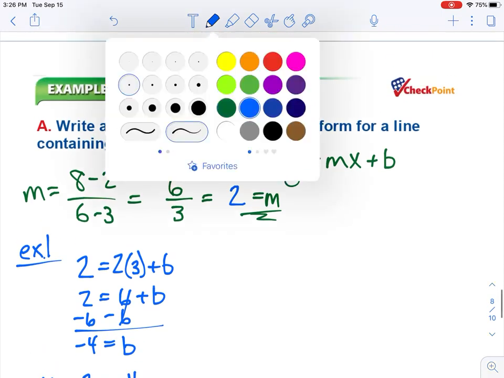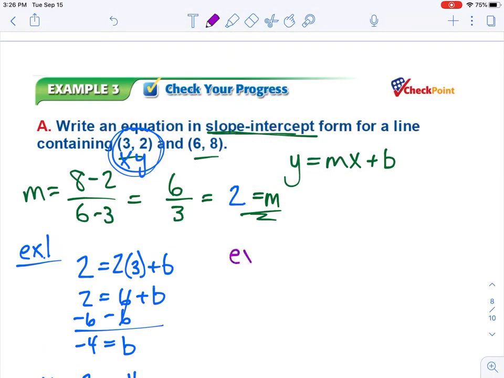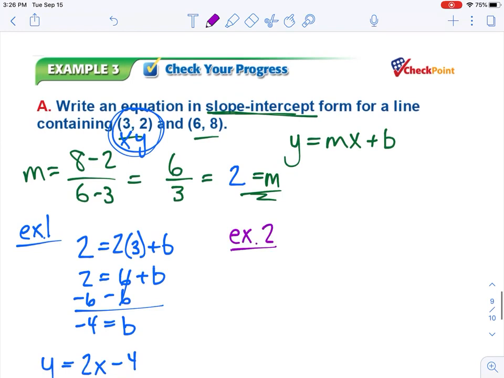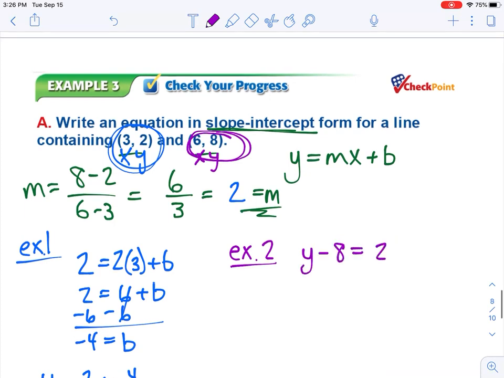The second way to solve this, I'm going to use point-slope form to solve for slope-intercept form. And this time I'm going to use my other point, just to show you that they will be the same thing. So we have y minus 8 equals 2 times x minus 6.